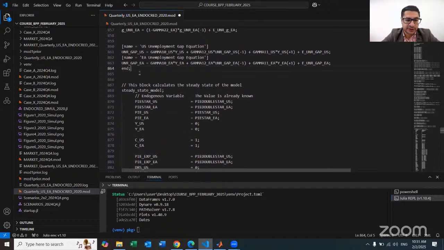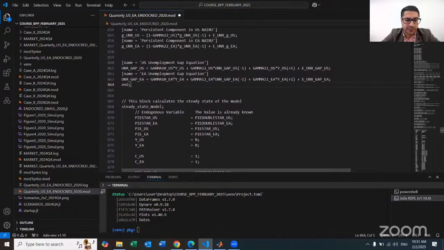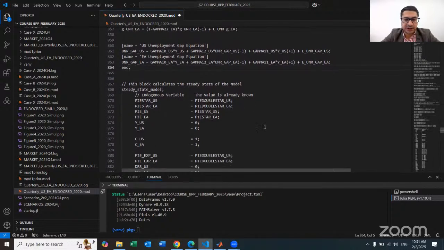But the next block after finishing the model, so we start with model and semicolon. Then, because our model is non-linear, or even if it's linear, if we write down the model in levels, which means that the variables are not represented as a deviation from their steady state, then in steady state the deviation of variables from their steady state should be zero.